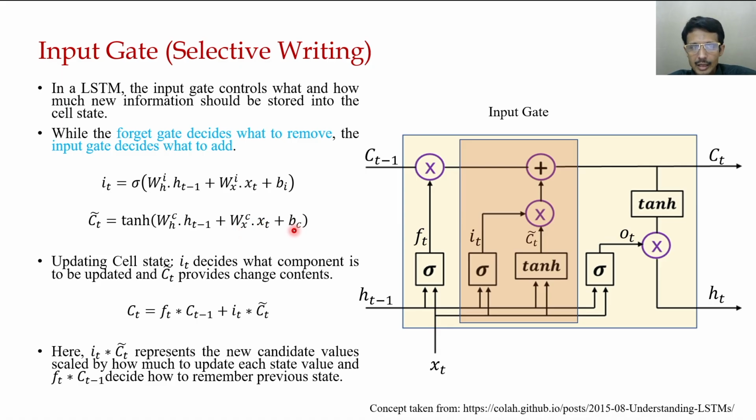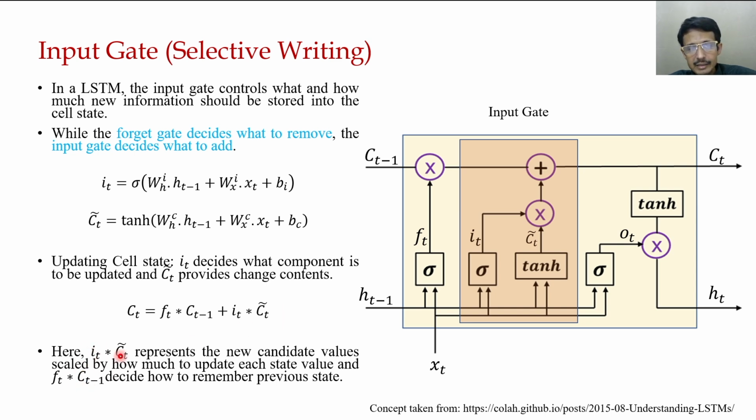So the cell state is changed in this equation. This is a very important equation: c_t equals f_t times c_{t-1} plus i_t times c_t tilde.